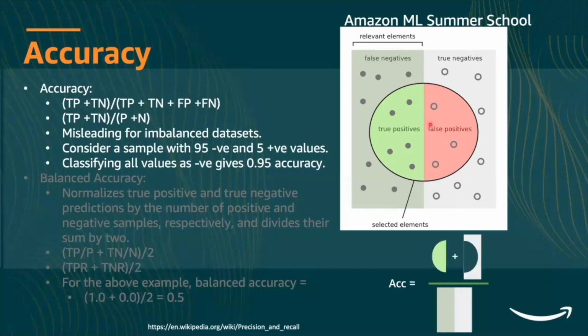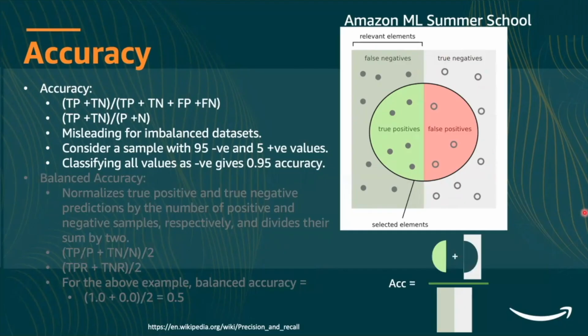The total correct predictions were this green block and this part of the square where the model has predicted the true negatives. So it's the sum of true positives plus true negatives divided by the total number of samples. However, for an imbalanced data set, wherein the number of samples of one class is much higher than the number of samples of the other class, the accuracy metric is misleading.